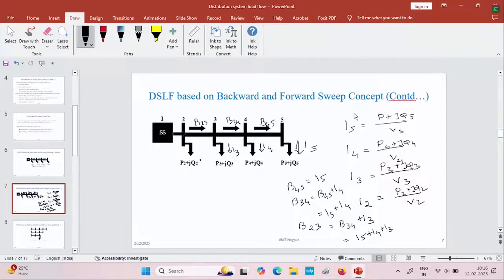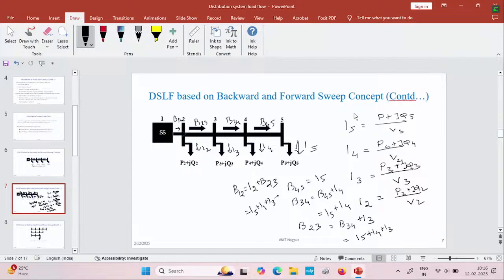Thereafter, considering the branch B12, this branch current will be I2 plus B23. So in this way we can calculate the branch current for all nodes, and this is the backward calculation we have carried out till now.